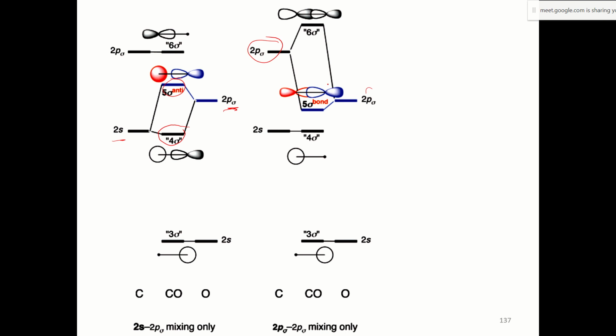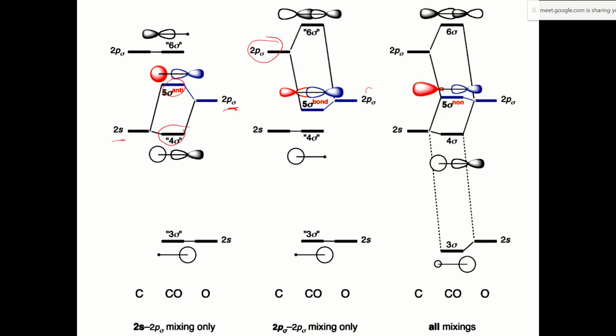So the effect is this, and then when you take all of them together, combining both of them gives you this, which has almost the energy similar to this 2p of oxygen. So that's why it is treated as negligible change in the energy of this orbital, which is a combination of this and these two giving rise to orbitals.